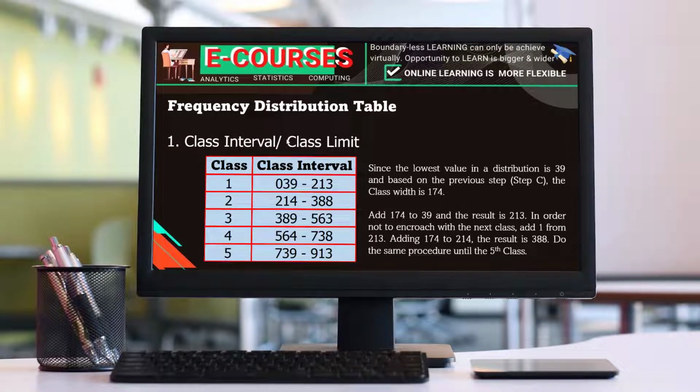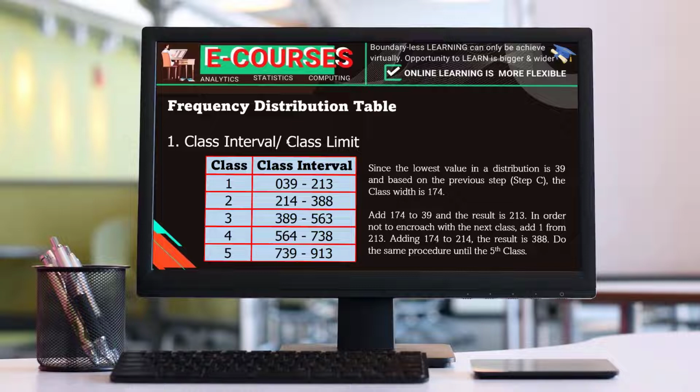Alright, so this is how to do the class interval. Remember that the lowest value in the distribution is 39. Based on step C that we conducted in the previous part, which is part 1 of the frequency distribution table, the class width is 174.